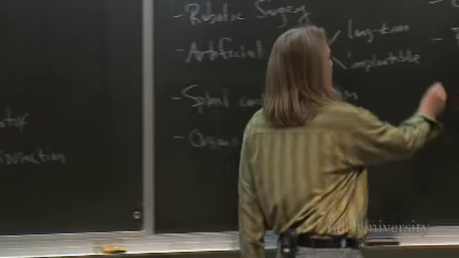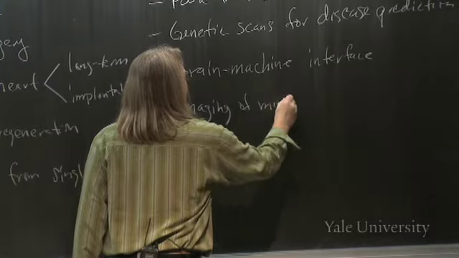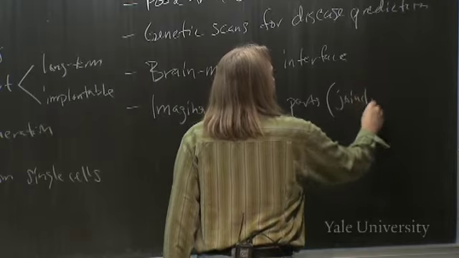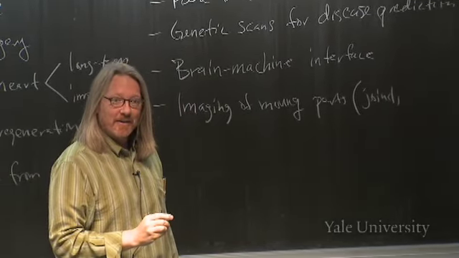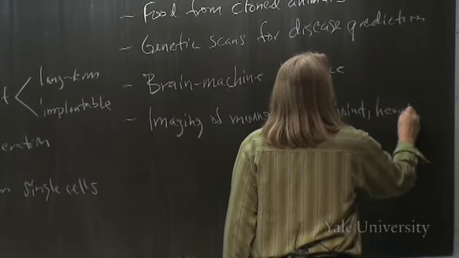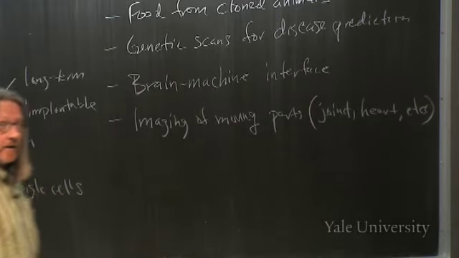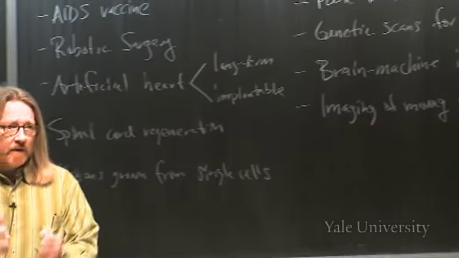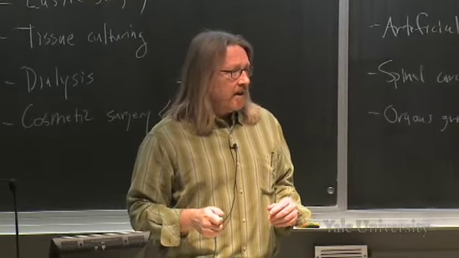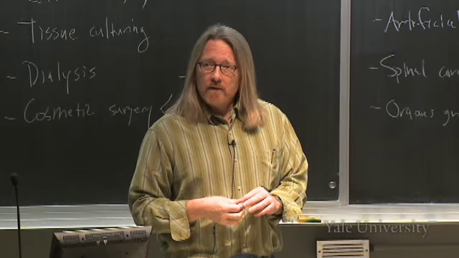Oh, so imaging of moving parts, like a joint, or another moving part that might be interesting to look at in motion is the heart, right? If you could image how the heart is moving, you would know a lot about its function. You could potentially learn a lot about its function by looking at how it moves, not just a static picture of it, right? And there's lots of parts of our bodies that move, the lungs, for example. And so, yeah, that's a good one.